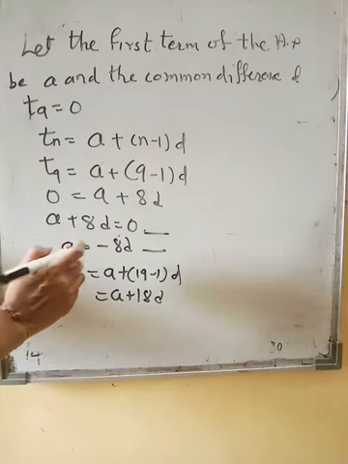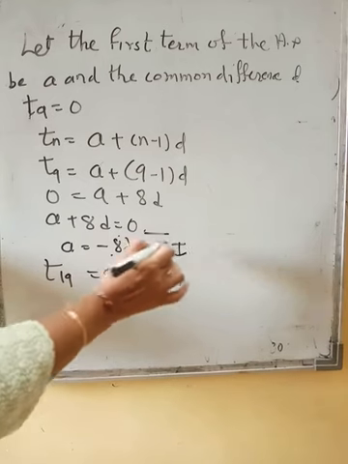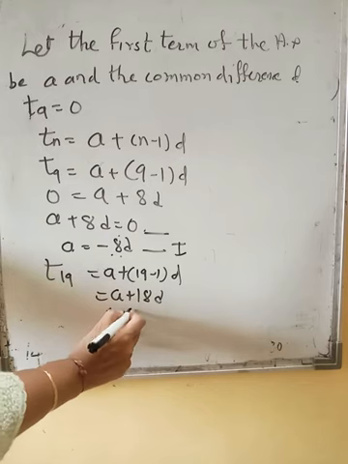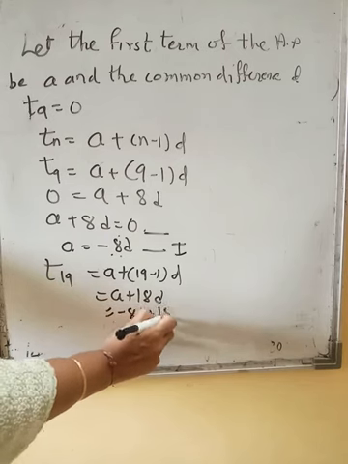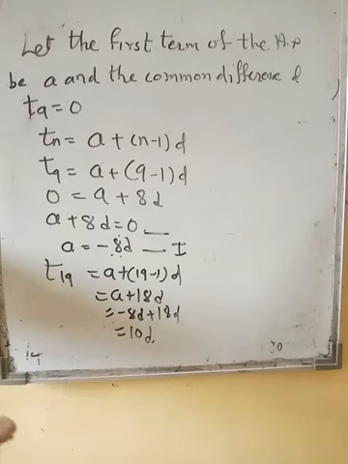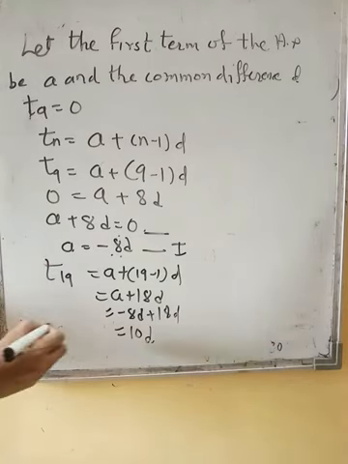So if I substitute this, suppose this is my equation 1, in place of A substitute minus 8D, so minus 8D plus 18D. So it comes out to be 10D. See what I am doing? I am getting rid of one of the variables, A. So T19 I got as 10D.